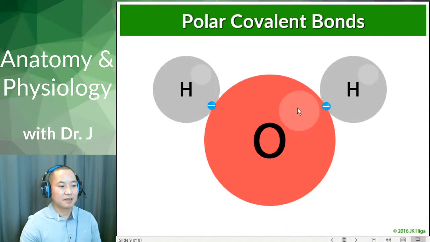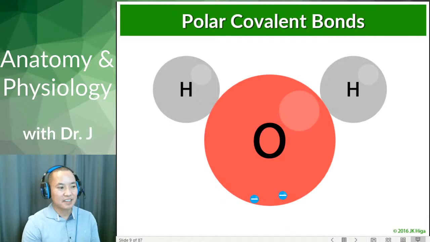But with water, the thing is that oxygen is a little greedy in the water molecule. It actually likes to hold on to the electrons a little more. Remember I showed you that model where electrons are flitting about those electron clouds and shells? Well, when you have two hydrogen atoms bound to oxygen in a water molecule, the oxygen actually holds on to the electrons, on average, for a longer period than the hydrogen atoms.